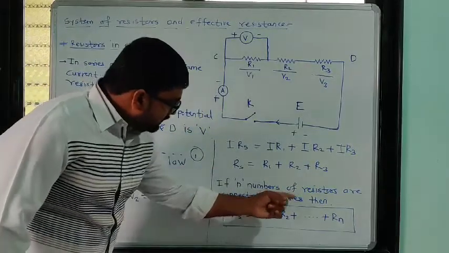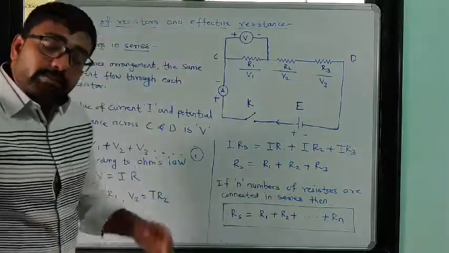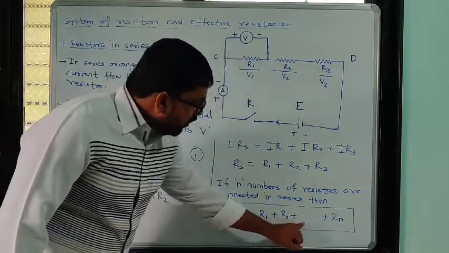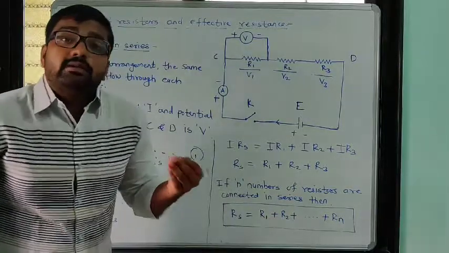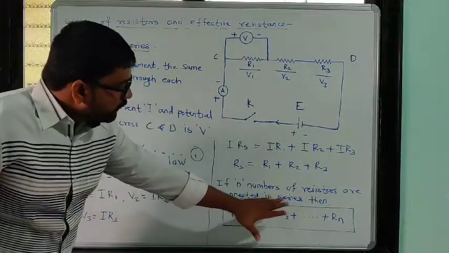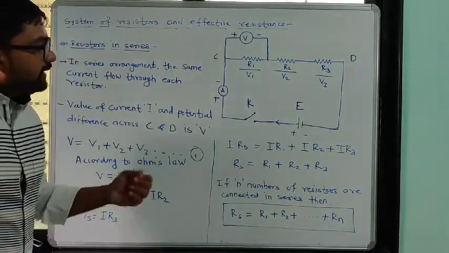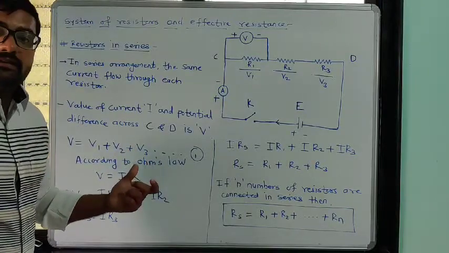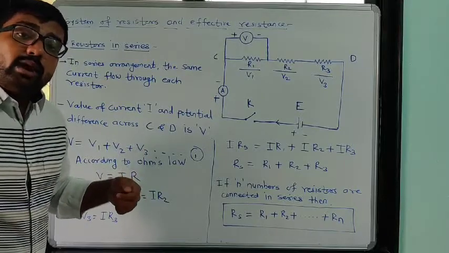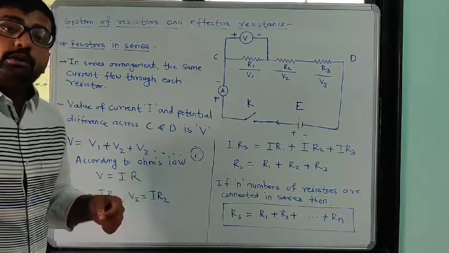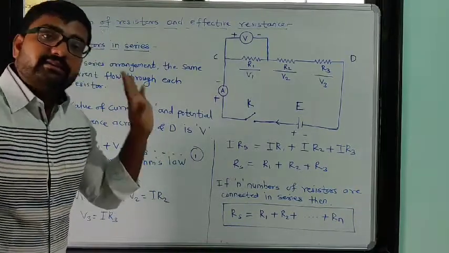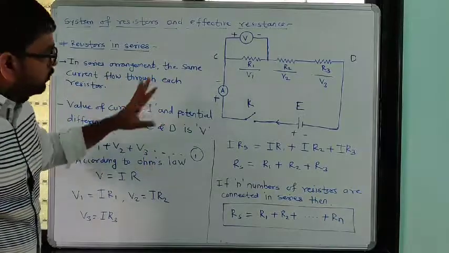If n number of resistors are connected in series, then their equivalent resistance will be nothing but the addition of the values of n number of resistors. In such a way we can calculate the value of resistance when they are connected in series. That thing you have to remember.